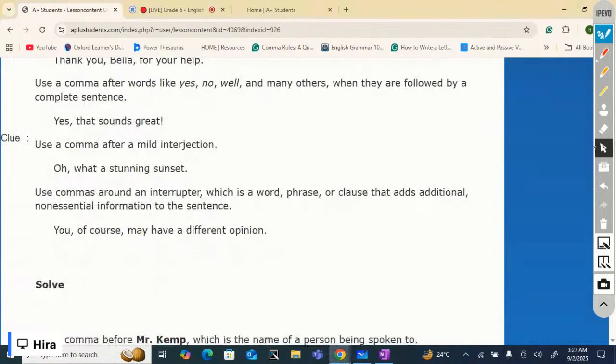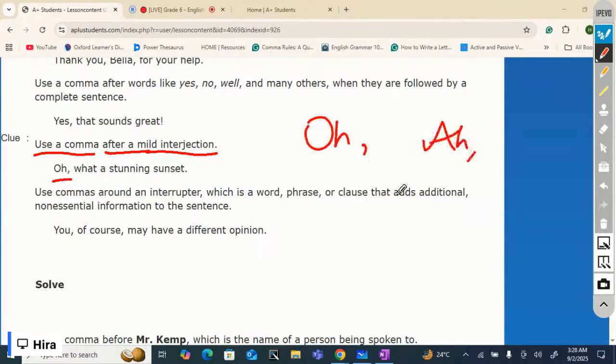Now use a comma after a mild interjection, not a strong interjection. Mild interjections like oh, or oh no, or ow.